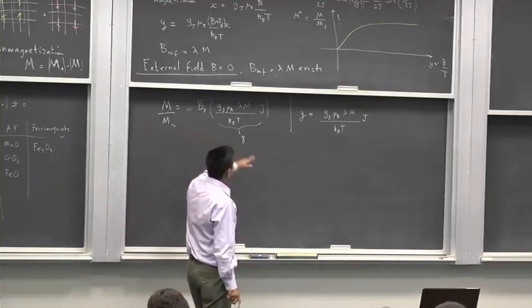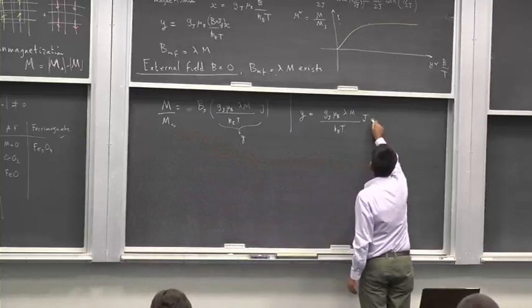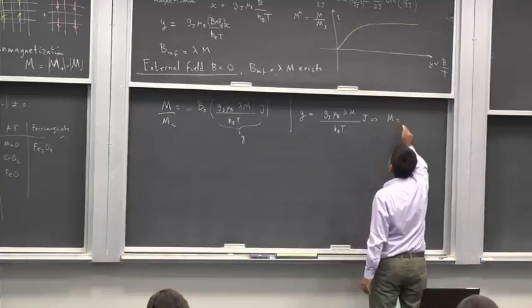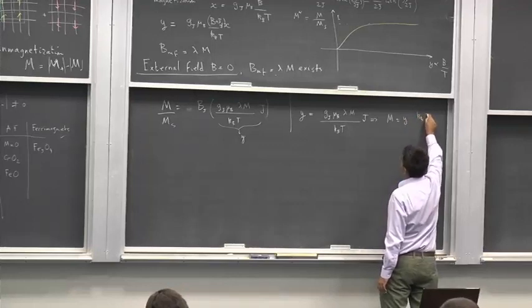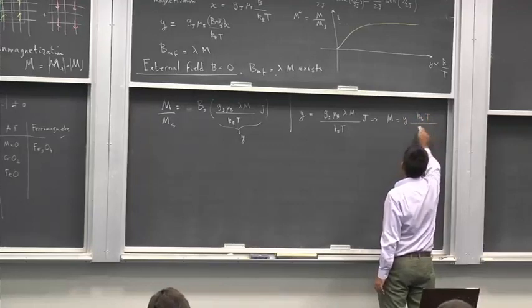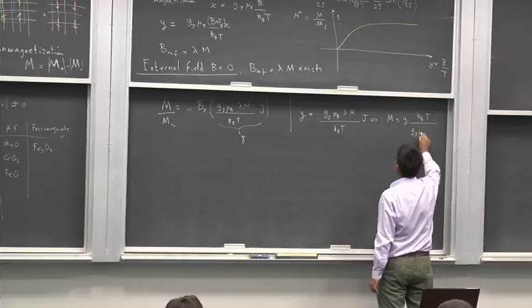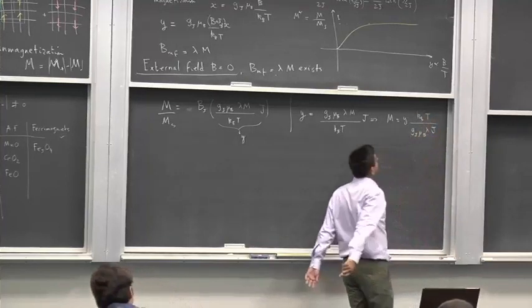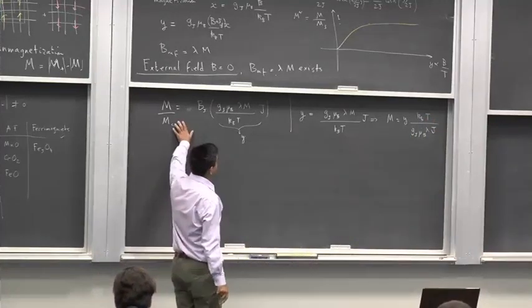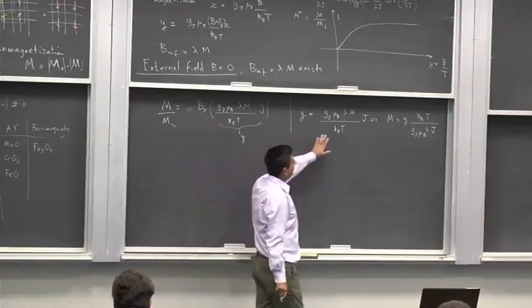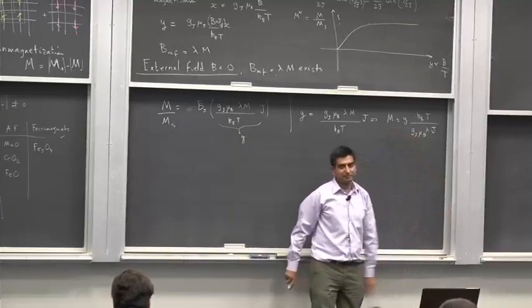One is this equation, and I can look at this equation, M equals y into kB T over g_J mu_B lambda J. Now this is one equation, and this is another equation.